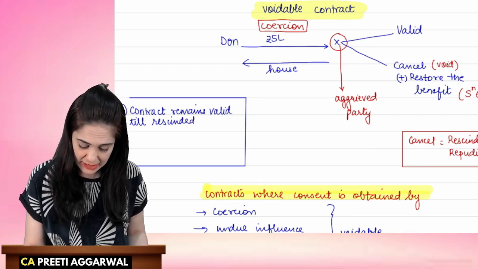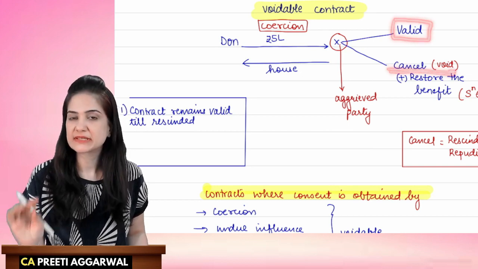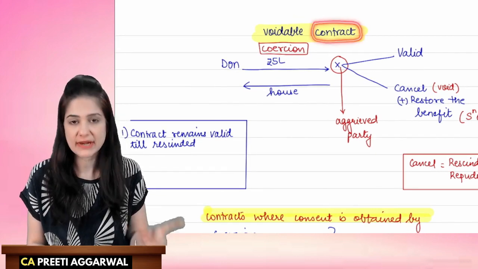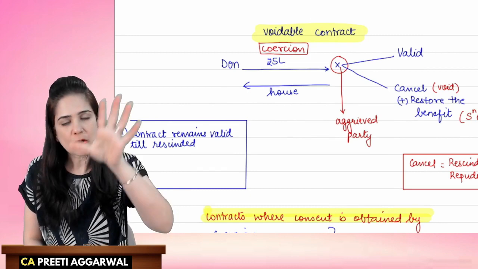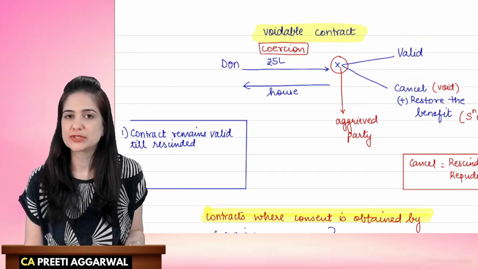It means that the contract will remain valid till the aggrieved party decides to cancel the contract. That is why it is known as a voidable contract and not voidable agreement, because it remains valid till the aggrieved party decides to cancel the contract.